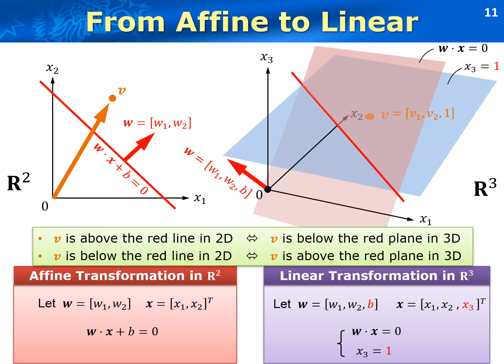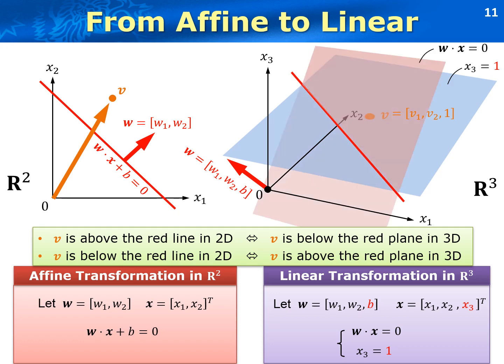From this example, we can clearly see that in the 2-dimensional blue plane, V is above the red line, and this is equivalent to the fact that in 3 dimension, V is below the red plane.